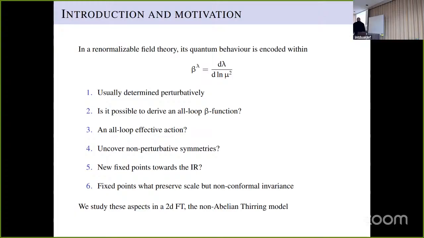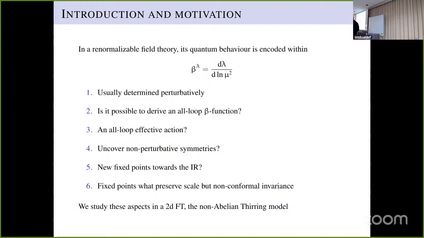We can also find non-trivial fixed points towards the IR. Here, for example, I consider that I start from a fixed point in the UV where the coupling is 0. Another question is, can we find fixed points which preserve scale but not conformal invariance? I will explain that later on.